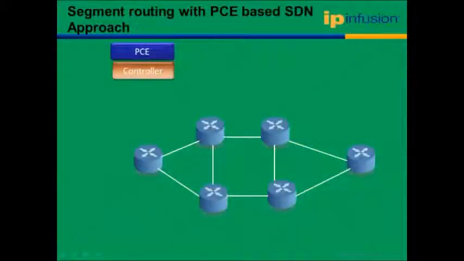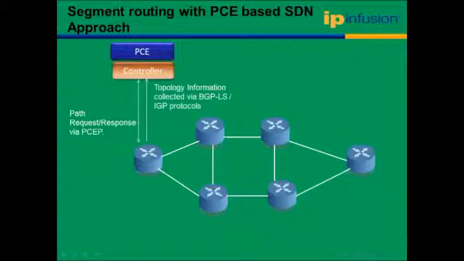So let us see how segment routing with PCE can now help us achieve SDN in our network. The topology information and other statistics can be collected by BGP-LS or extensions to the existing IGP protocols. So all this information is now available in a centralized place, right? And now by using the PCEP protocol, we can program in the ingress node what explicit path needs to be taken for a particular service.